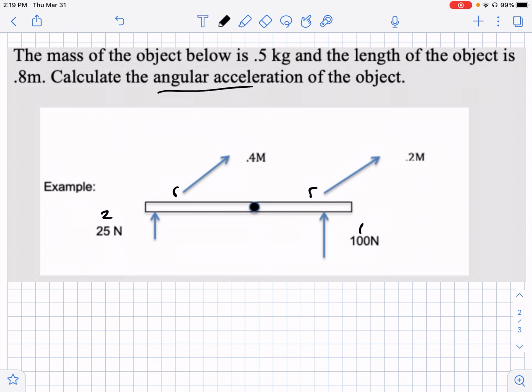Our starting point is to make our net torque equation. Don't forget, you usually want to draw in your F_G here, but since the axis of rotation is at the center, the moment arm is equal to 0, so there's no torque from this gravitational force, and we can ignore it.